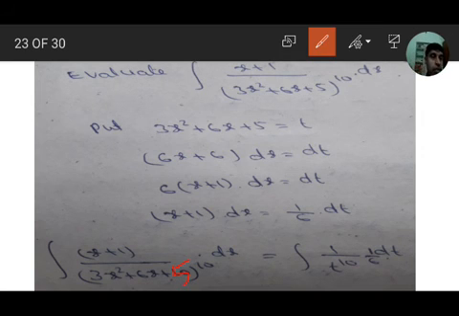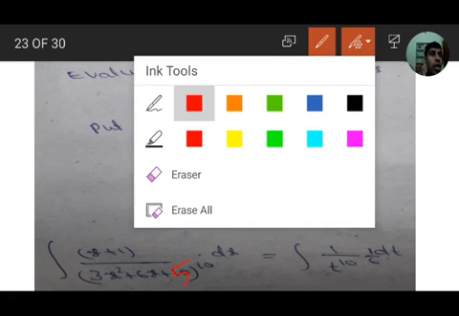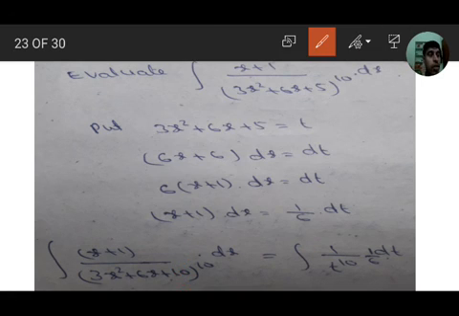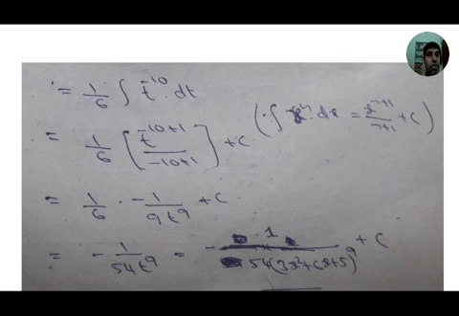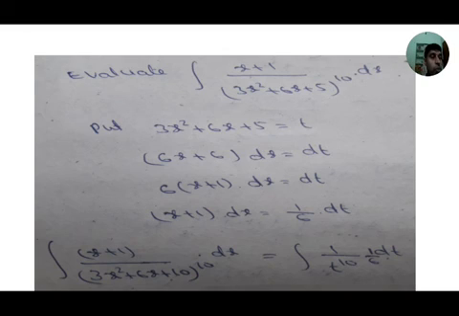Okay, integration we get 1 by t to the power of 10 into 1 by 6 dt. This 1 by 6 is the constant outside, 1 by 6 into 1 by t to the power of 10 dt. This 6 is outside, and t to the power of 10 in the denominator means t to the power of minus 10 in the numerator. 1 by 6 is outside, 1 by 6 into integration t to the power of minus 10 dt.